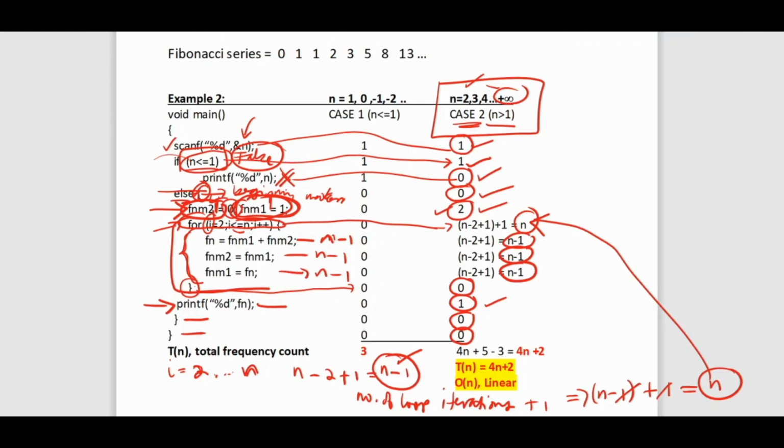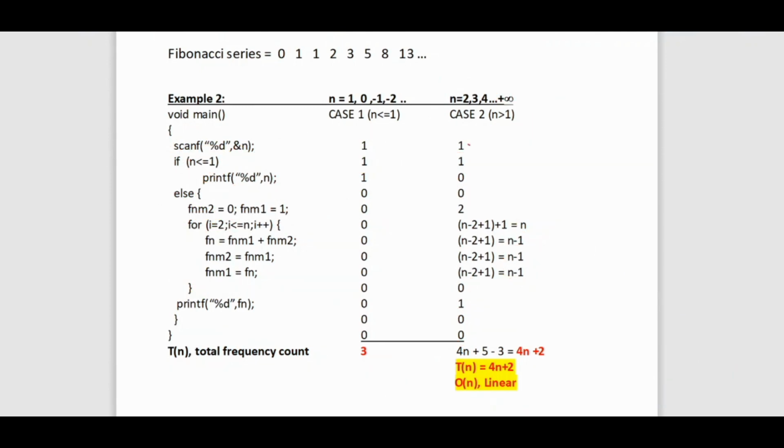And so the total frequency count now under case 2 would be what? It will now be 1 plus 1 plus 2. That gives you 4. And this is n plus n minus 1 plus n minus 1 plus n minus 1. So count how many n. You have 1, 2, 3, 4. So you have 4n. And then you have here 1, 2, 3, minus 3.